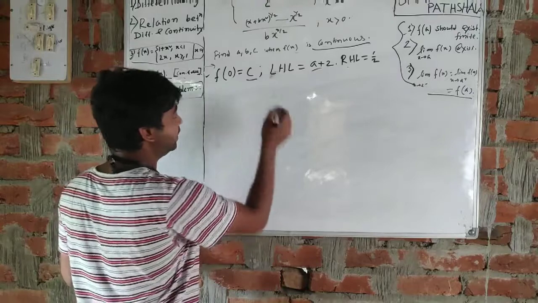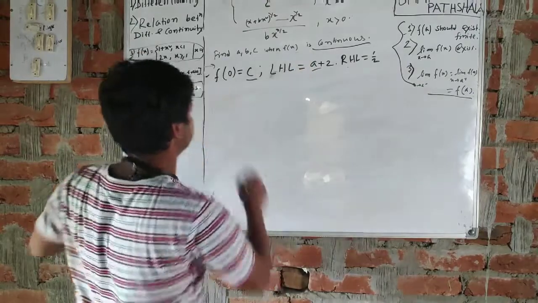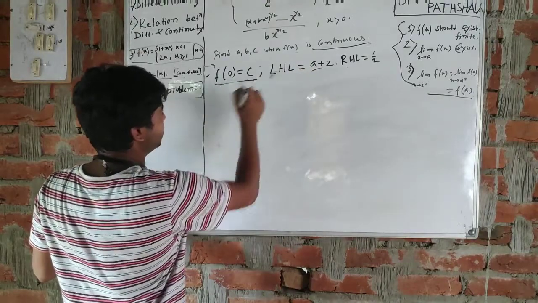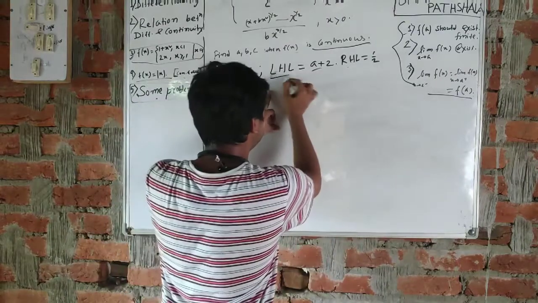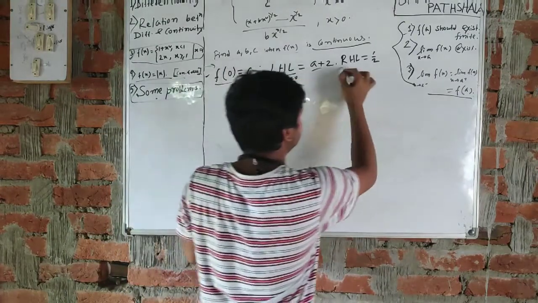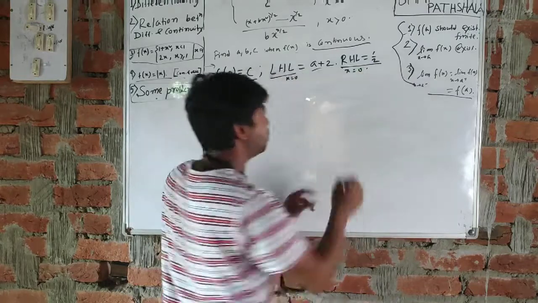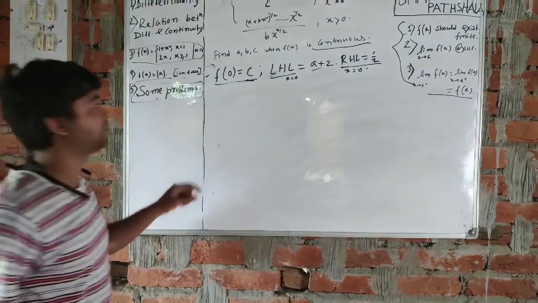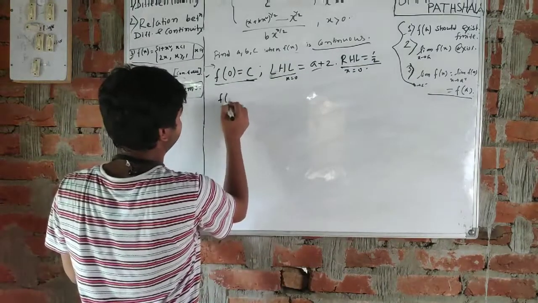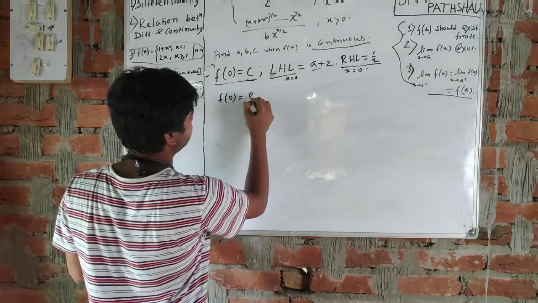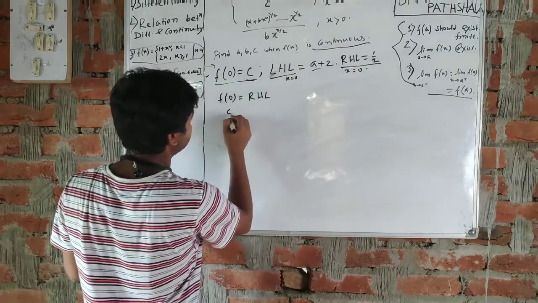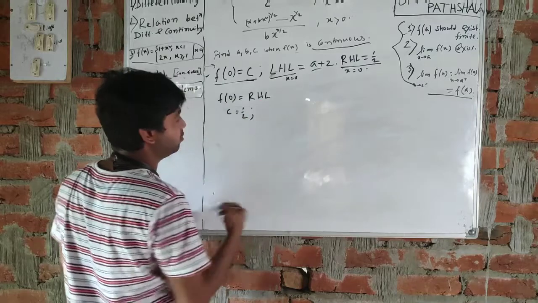Here, the necessary condition for the function to be continuous is obviously that f of 0 and the left hand limit at x equal to 0 and the right hand limit at x equal to 0, all of them should be equal. So if f of 0 is equal to the right hand limit, then c is equal to half, right?